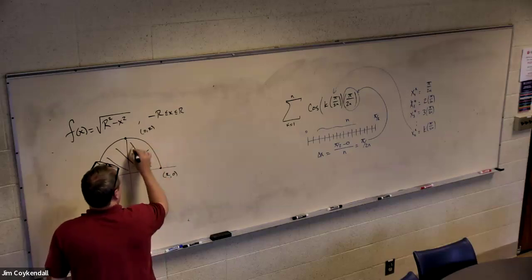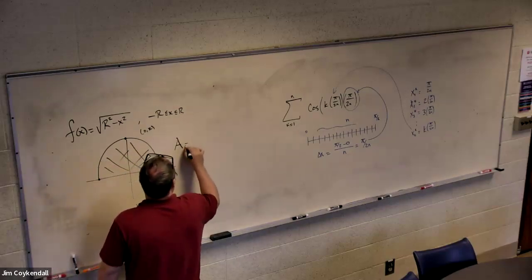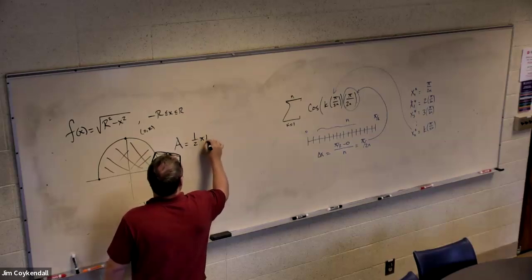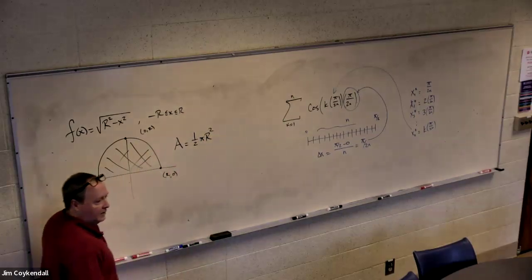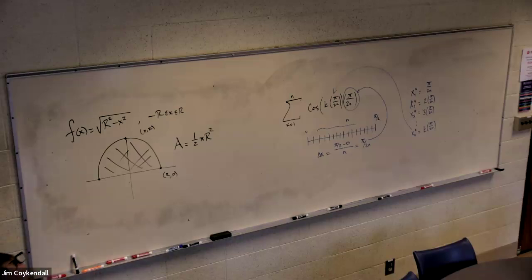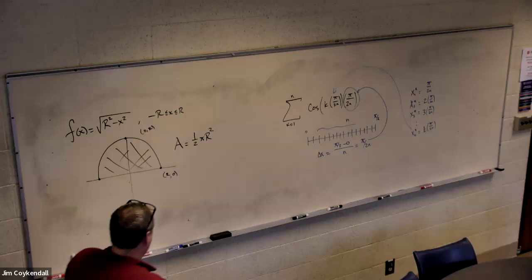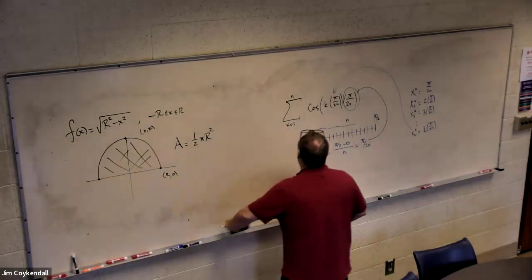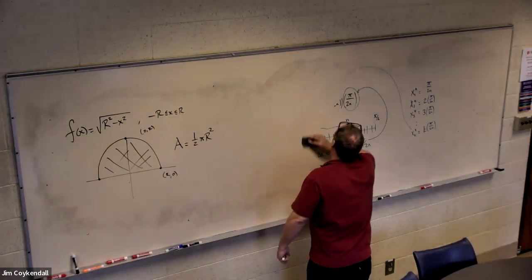Just tell me, this is a semicircle in area. It's 1/2 pi r squared. Great. Find the average value of this function. Okay. On the interval.